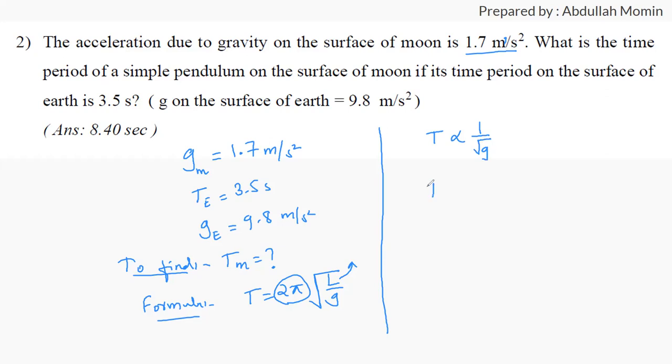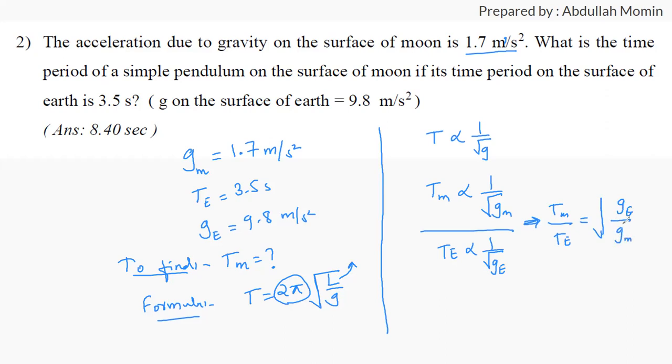So Tm upon Te is equal to root of ge upon gm. So Te goes to the other side, and we will get Tm is equal to Te into root of ge upon gm.